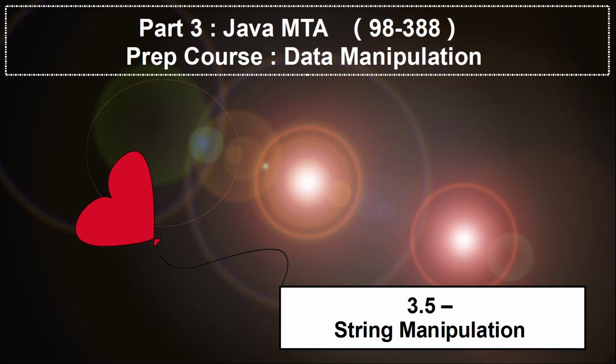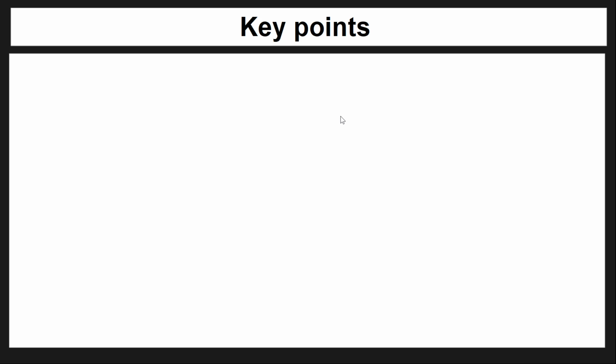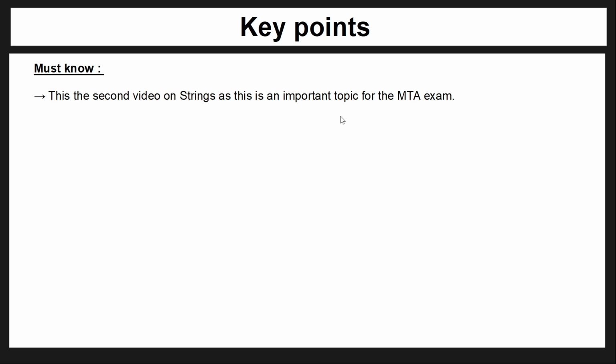So let's get started. Do bear in mind that this is the second video on strings, so it's a good idea to already have watched the first video, and that can be found on my playlist. All of the methods that we talk about in the previous video and in this one are important for the MTA exam.